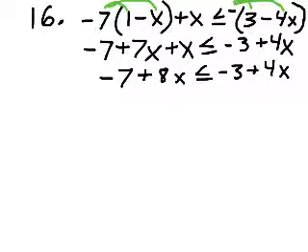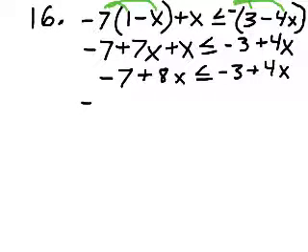And then just like if we were dealing with an equation, we want to get our variables on one side and our numbers, our constants, on the other side. So I'm going to start with the variables. I'm going to subtract or add a negative 4x to both sides to get that 4x out of the right side.